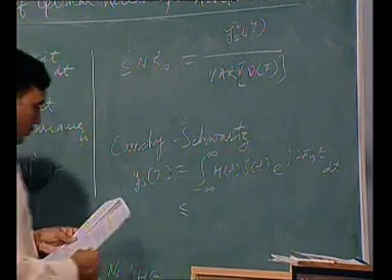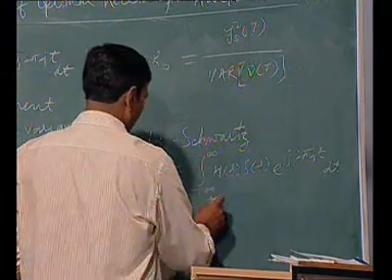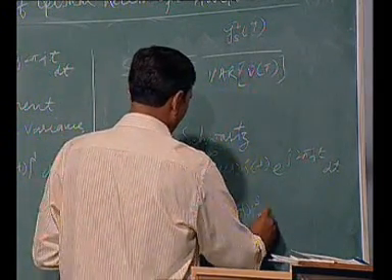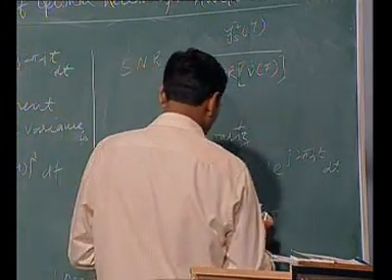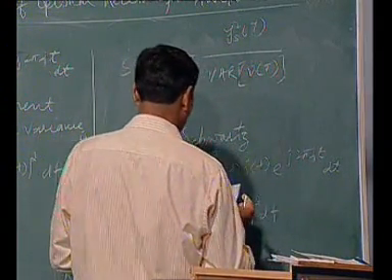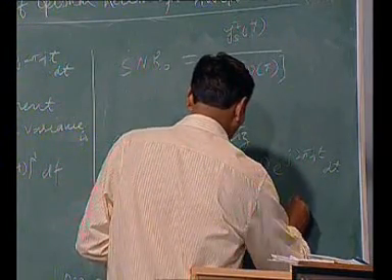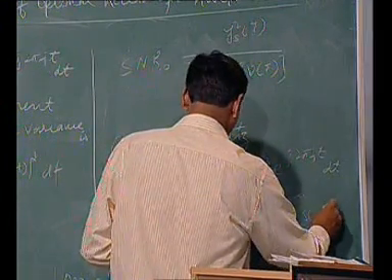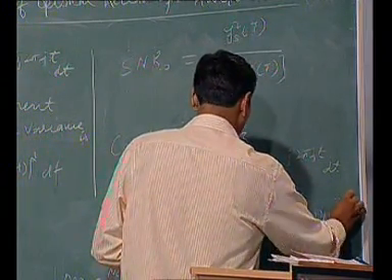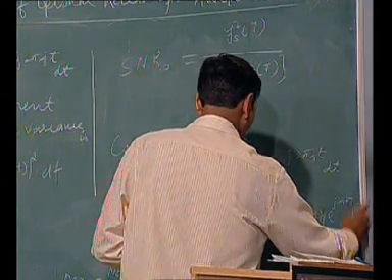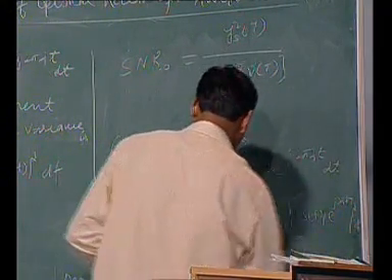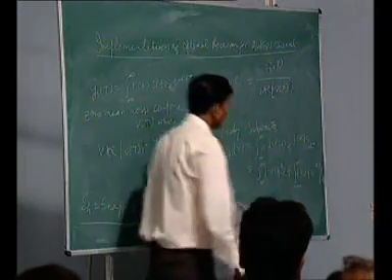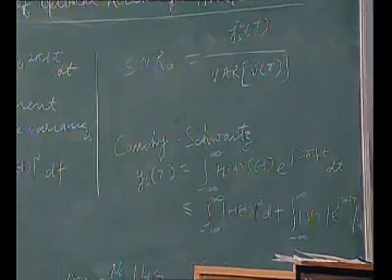If you split it up into two parts, then it will be the integral of |H(f)|² df from minus infinity to infinity, times the integral of |S(f)|² df, or you can say energy in H and energy in S.